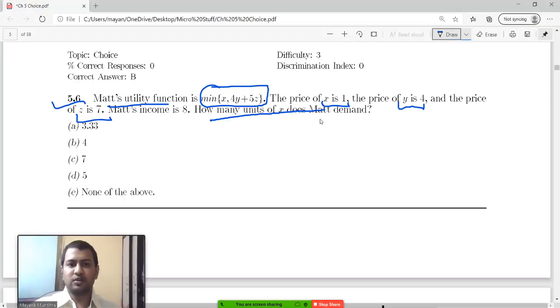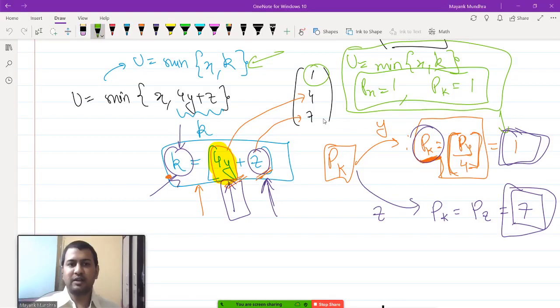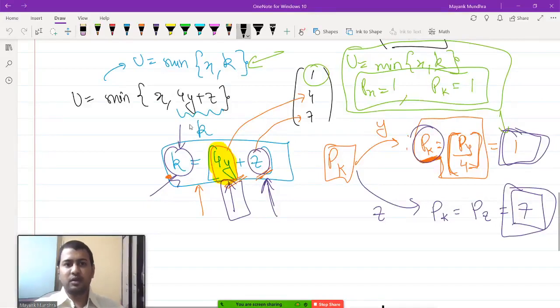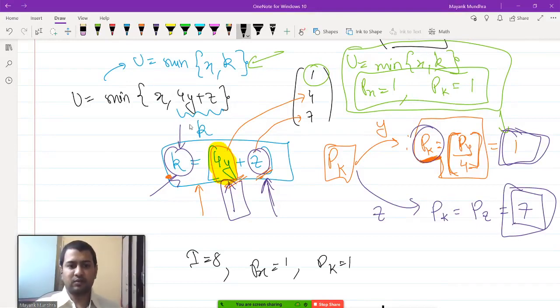So how many units of X does Matt demand? What is his income? His income is 8. So his income is 8, price of X is 1, price of K is 1.